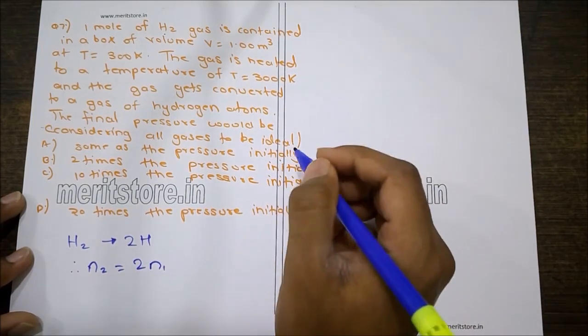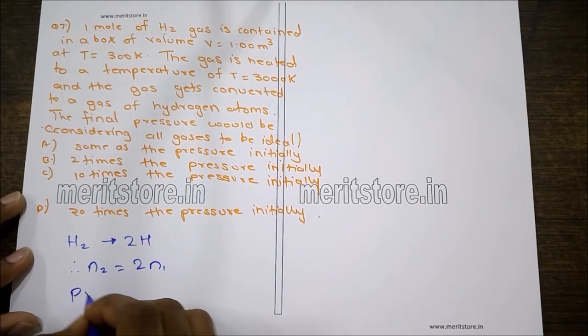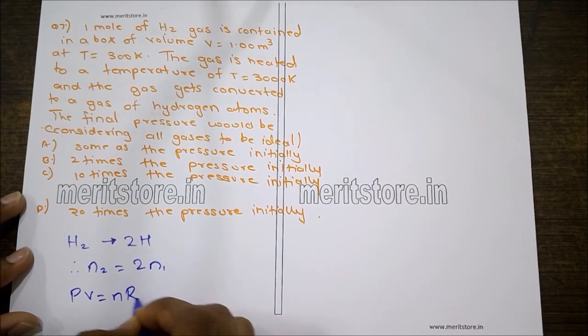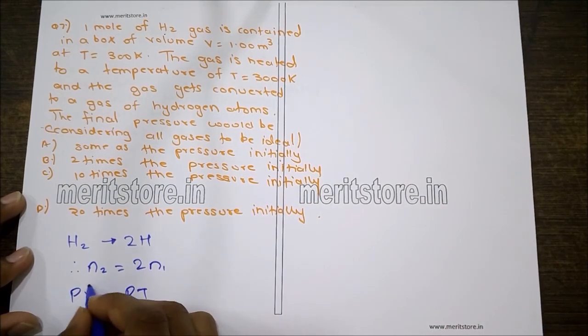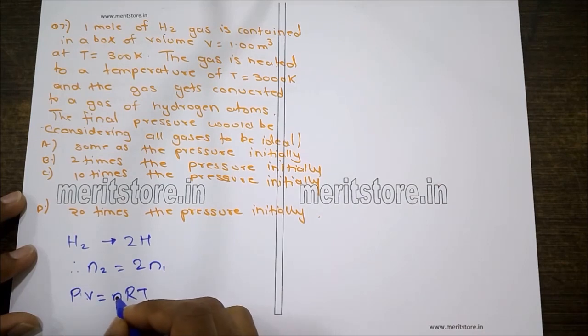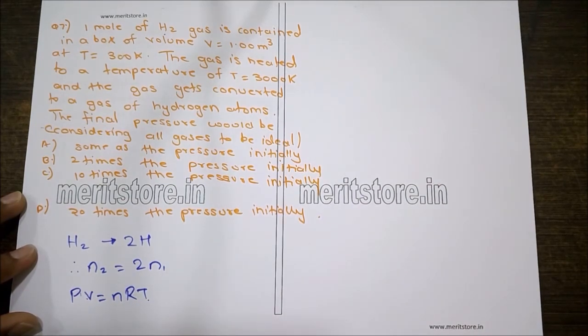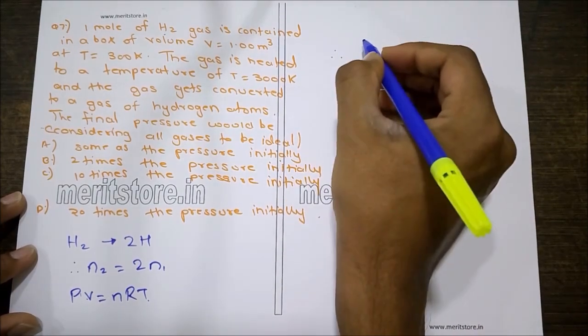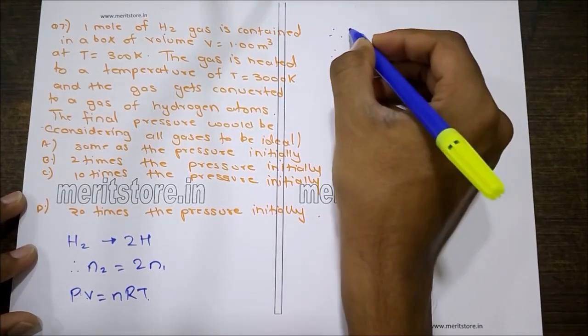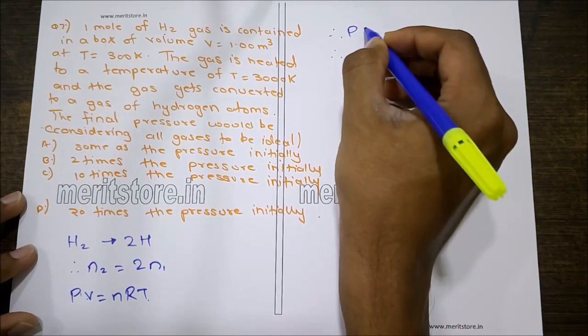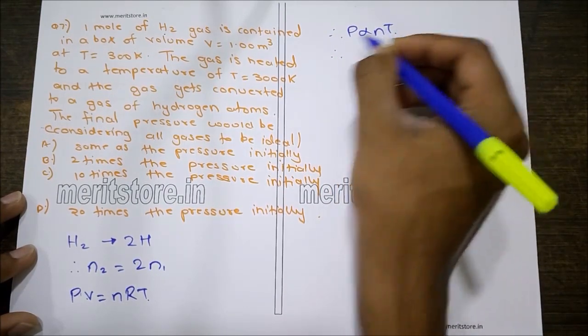Now using the ideal gas relation PV equals nRT, since the volume of the container hasn't changed, V is a constant, and the universal gas constant is also a constant, therefore we can write P is proportional to NT.